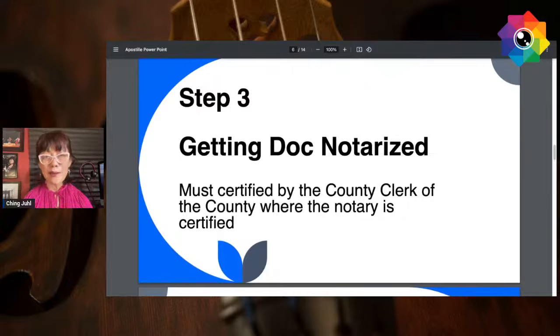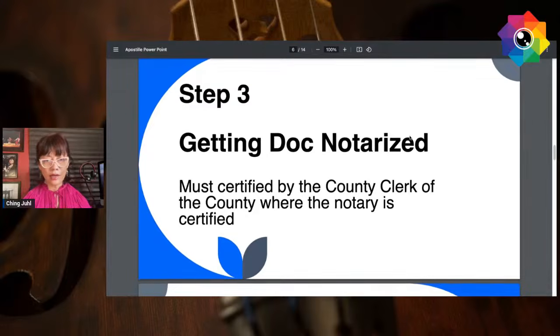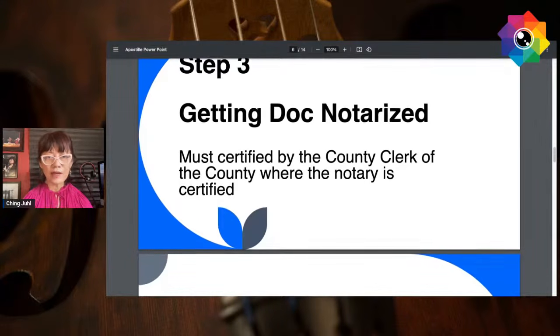I went to my bank and they don't even do notarization. So what I did was actually just stumble onto it, because when you go to the New York County Clerk's office, they do notarize for you. So most are certified by the county clerk.